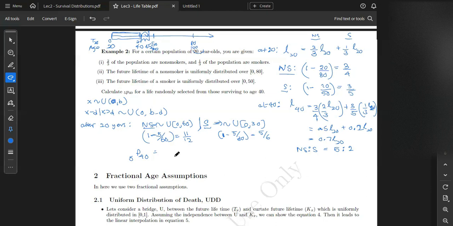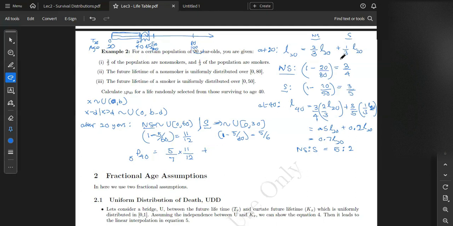So from the starting amount of the survivors at age 20, we had 2/3 non-smokers, and after 20 years, it reduced to 5/7. And after 5 more years, out of this part, there will be an 11/12 fraction. So this is the ratio corresponding to the number of non-smokers who were there at the beginning at age 20 and now are at age 45.